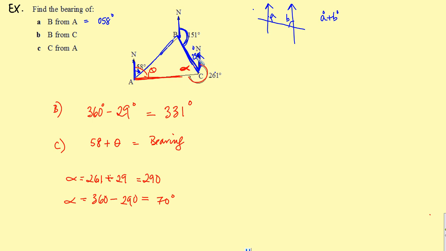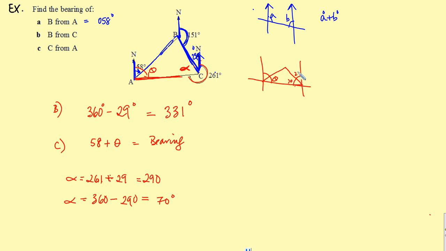Now, once I know that that's 70 degrees, then, taking a look at the two parallel lines and the transversal crossing, I've got that this angle internally is equal to 70, and the other angle, therefore, has to equal, oops, not 70, I apologize, but 70 plus 29, because this angle here is 70.